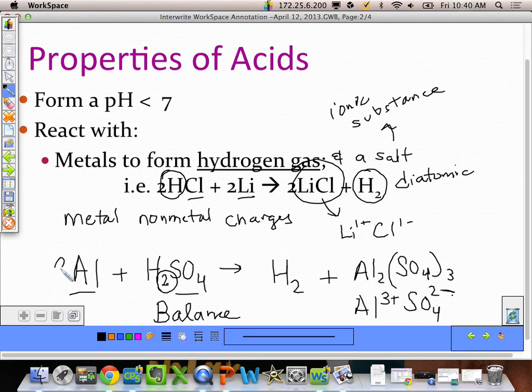Nice, a 2. And with your fingers, what number do I put in front of sulfuric acid? Absolutely, I need a 3. Show me again using your fingers what goes in front of the H2. I do need to put a 3 in front of it. Do I put anything in front of the Al2(SO4)3? No, lots of heads shaken. No, good. So now I've got it balanced. Now I can move on to the next problem.